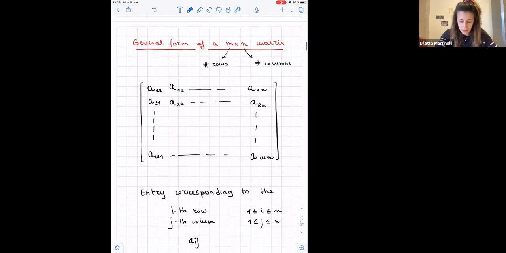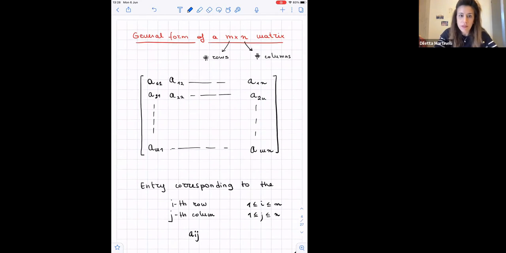So I will start slowly with just a few recaps of the things that we saw in the morning lecture. If more people are joining, we don't start right away. One of the last things that we said was focusing on the general form of a matrix. A matrix has a certain size given by the number of rows and the number of columns.